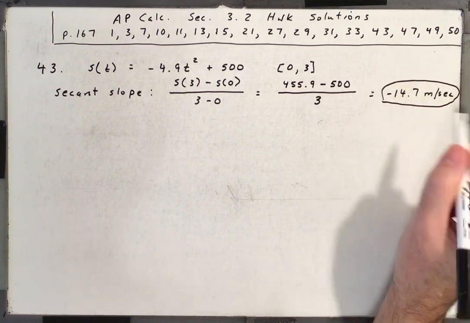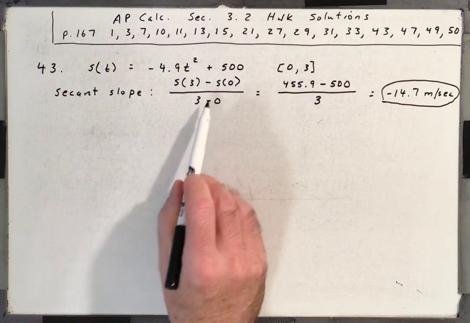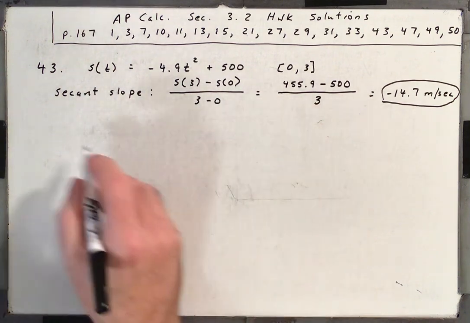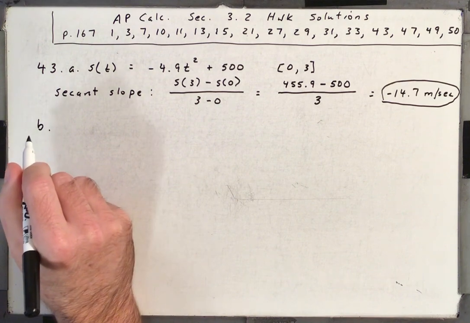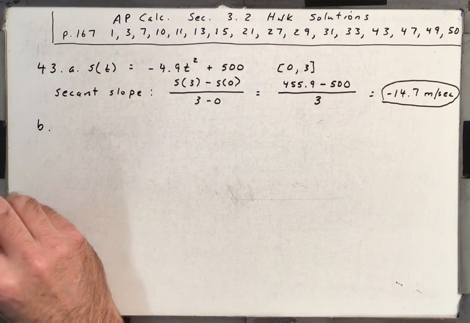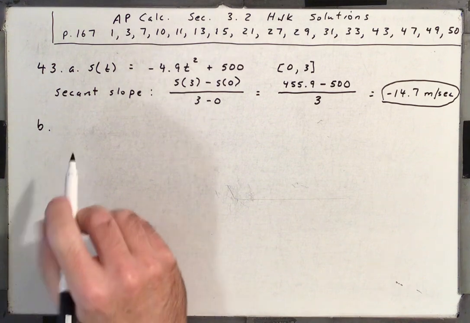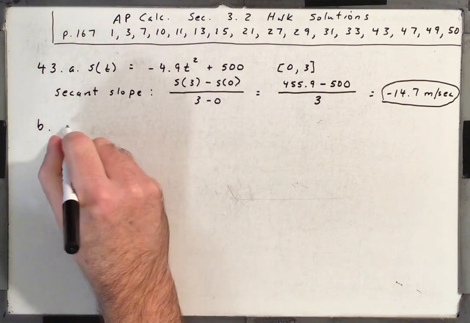So to find the average, we can just find the secant slope. So that's part A. And then part B, we want to use the mean value theorem and find that place where the slope of the tangent line is equal to the slope of the secant line.